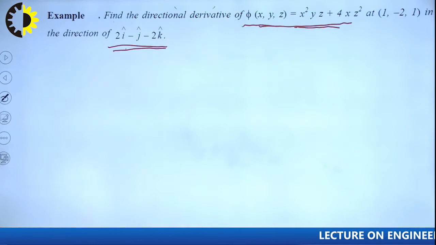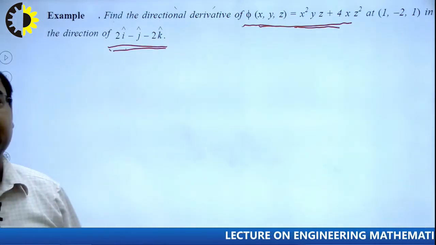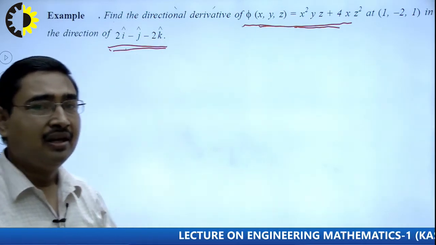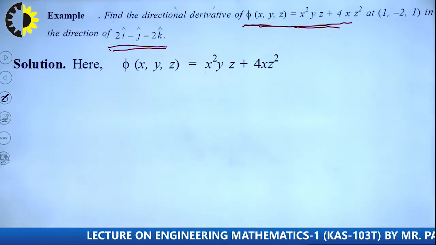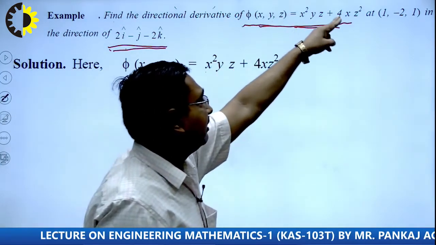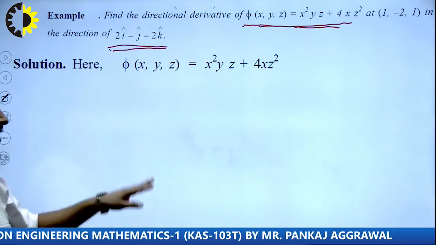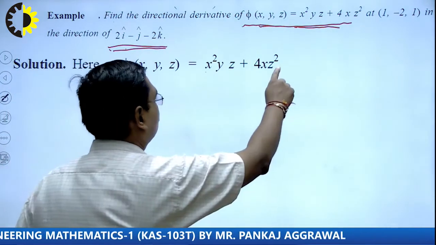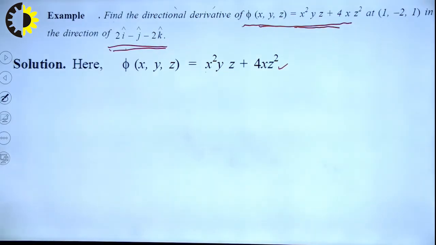The function will work as phi. The vector in which the directional derivative is required will be taken as vector A. Now we proceed. I have taken phi(x, y, z) equal to this function, x square y z plus 4x z square.